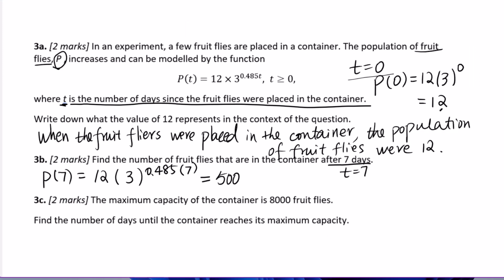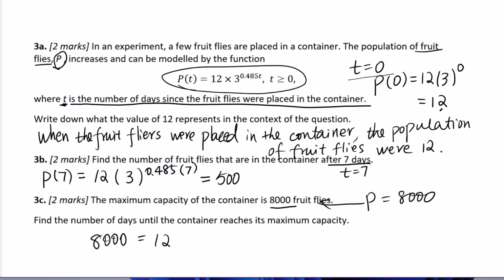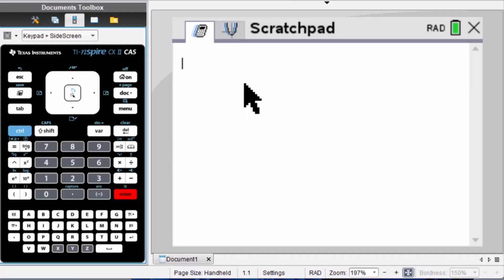3c. The maximum capacity of the container is 8,000 fruit flies. Find the number of days until the container reaches its maximum capacity. So we substitute 8,000 for P in this equation equals 12 times 3 to the 0.485 times T. By solver, T equals, we will put the equation into this calculator.